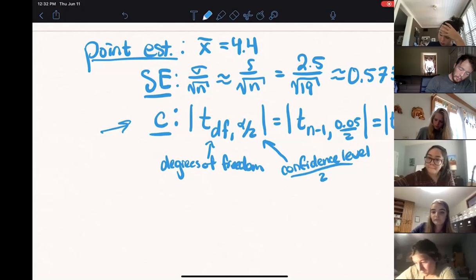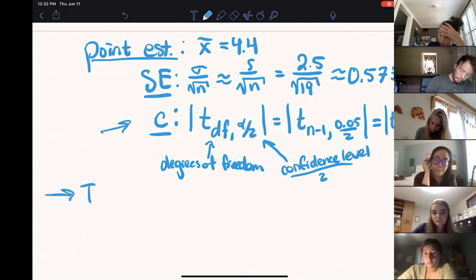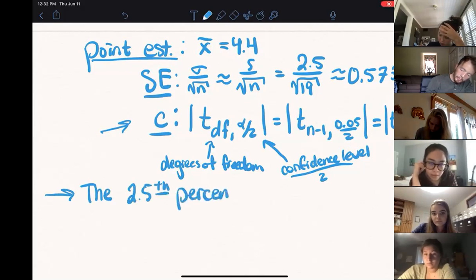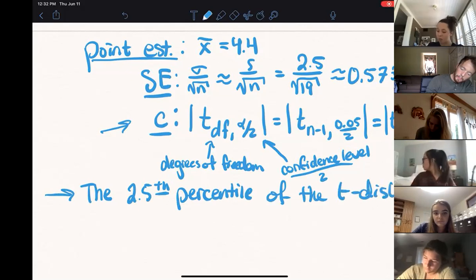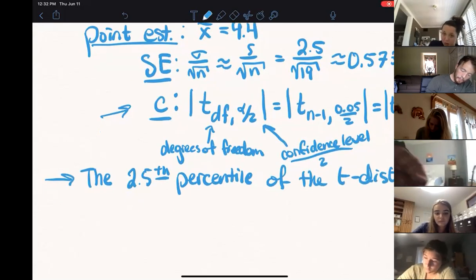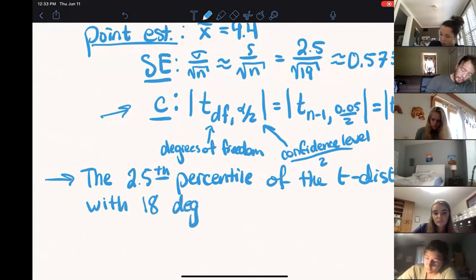So how I would call c, I would call it the 2.5th percentile of the t distribution with 18 degrees of freedom.